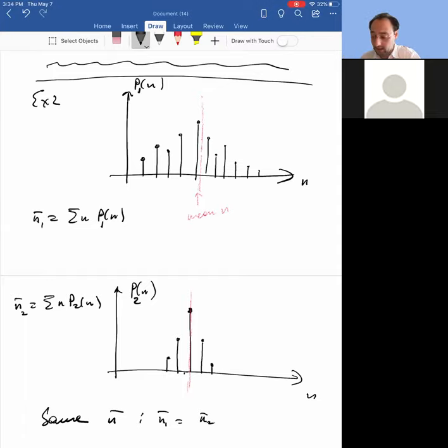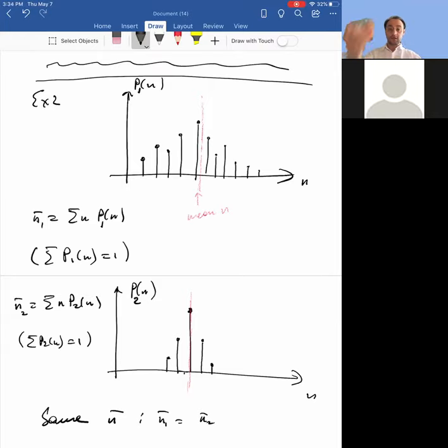By the way, the sum of p1 of n must be equal to 1, and the sum of p2 of n must be equal to 1. They're normalized. All distributions have to be normalized. Both of these distributions are normalized and both have the same mean value.